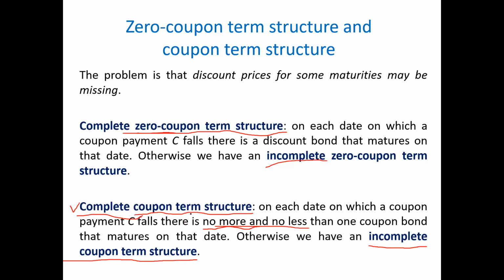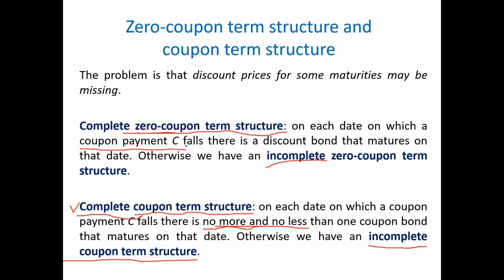So in both cases, we look at the dates when coupon payments fall. We take all the coupon bonds which are traded in the markets from the nearest maturity to the longest maturity, and we choose all the dates on which they pay coupons.